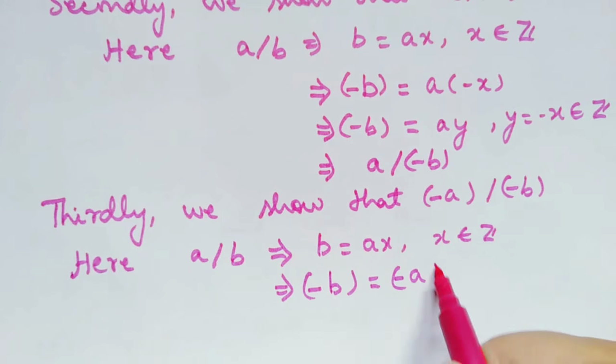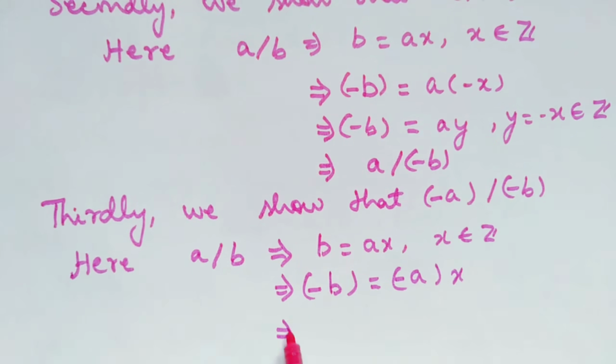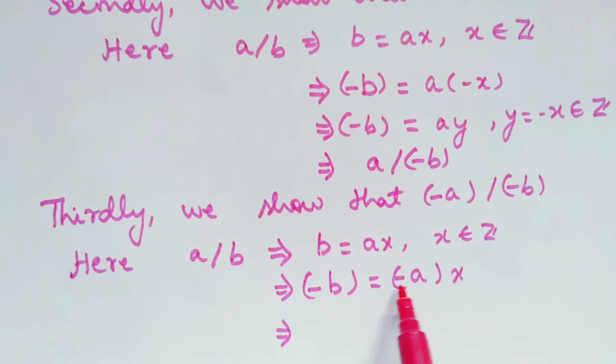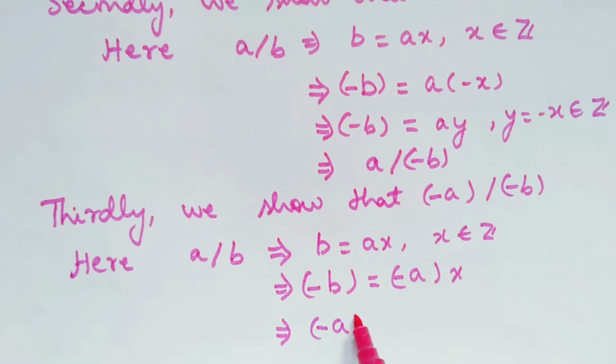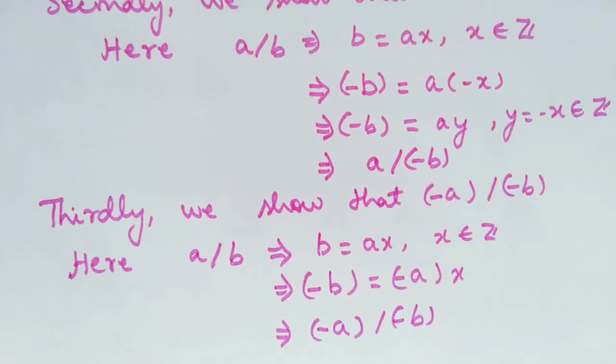We have like this. Now we see that minus B is equal to minus A into some integer X. So from here it implies that minus A divides minus B. As simple as that. So we have done with number 1.